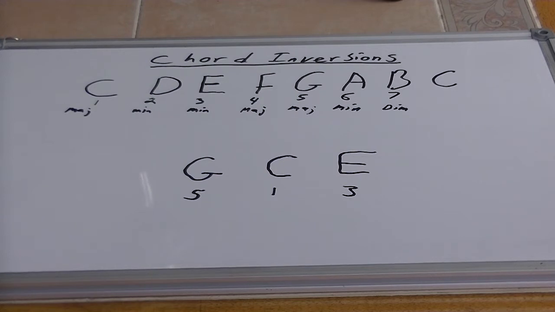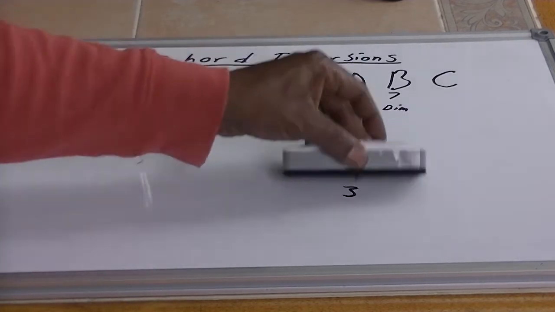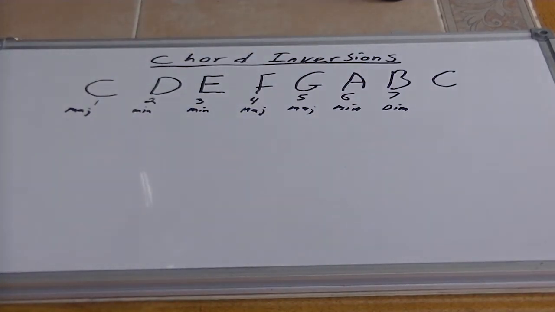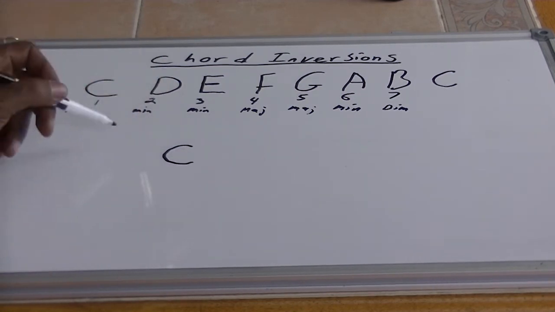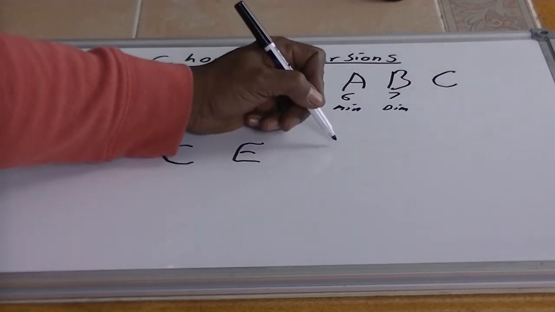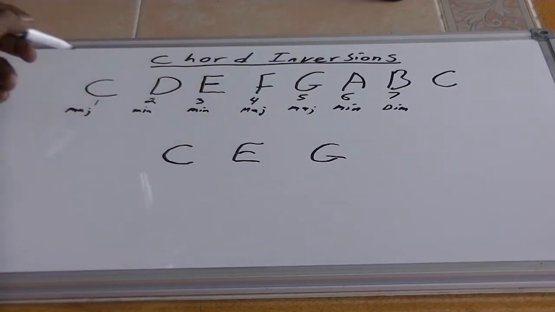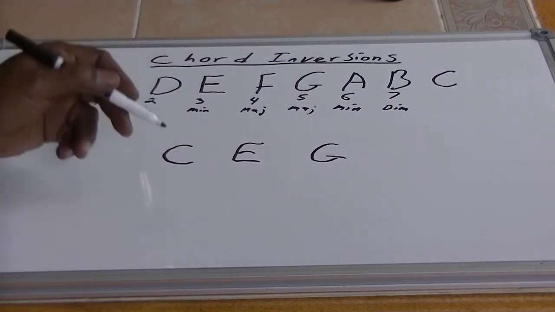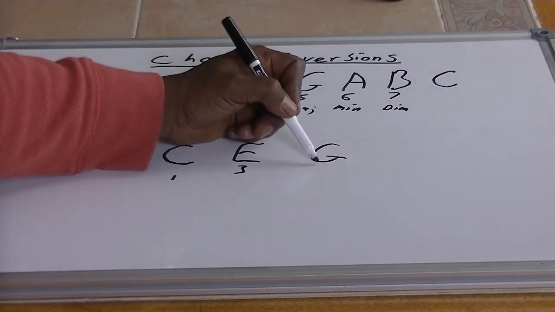So now I want to take a closer look at these chord inversions. And we're going to go back to the first C chord, the one we're most familiar with seeing, where we have C as the lowest note of the chord, and then we proceed to the E and the G. And if we analyze this in terms of the notes of the scale, we have the 1st, the 3rd, and the 5th notes of the scale.